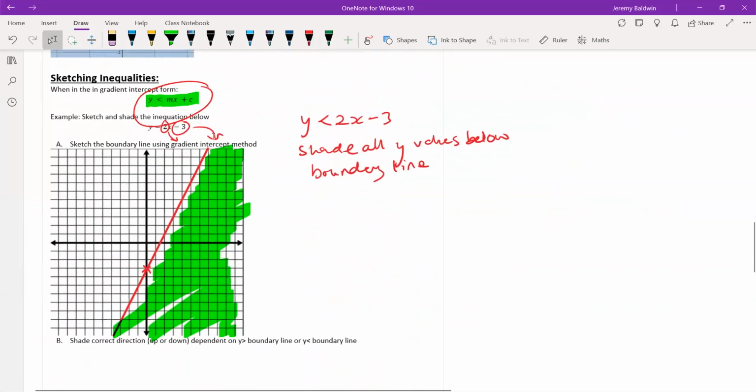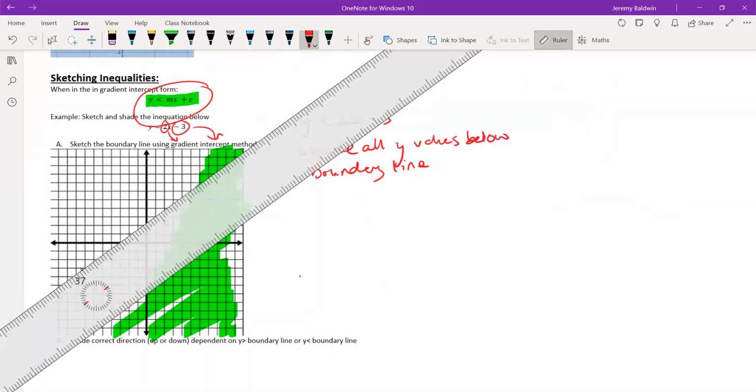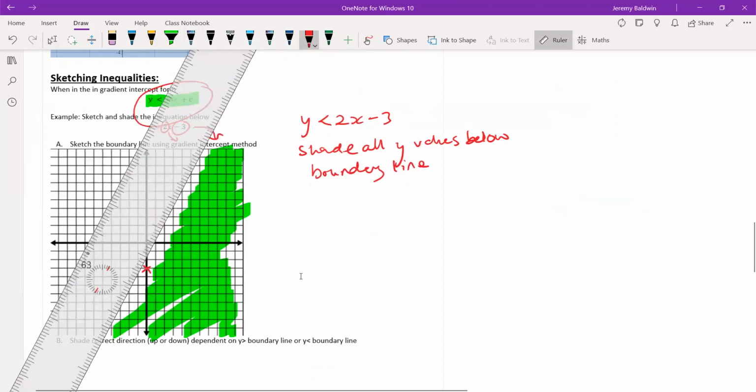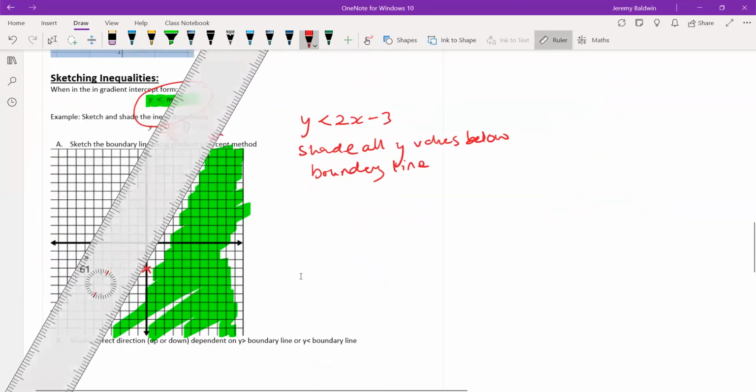Just to review, you've got your gradient intercept format, in which case you just plot the line and then you shade either up or down, depending on which way the inequation shows. Just to correct myself there, I need to actually do that as a dashed line, and it's a dashed line because the example I picked was y is less than 2x minus 3.